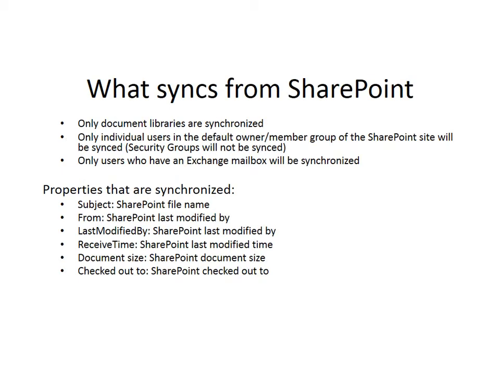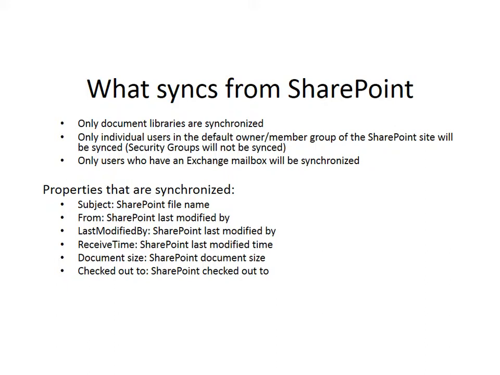So now let's talk about documents on Outlook and what gets synchronized when you have site mailboxes. Only document libraries are synchronized. Only individual users in the default owner or member group of the SharePoint site will be synchronized. Keep in mind that security groups will not be synchronized with Outlook. Only users who have an Exchange mailbox will be synchronized.